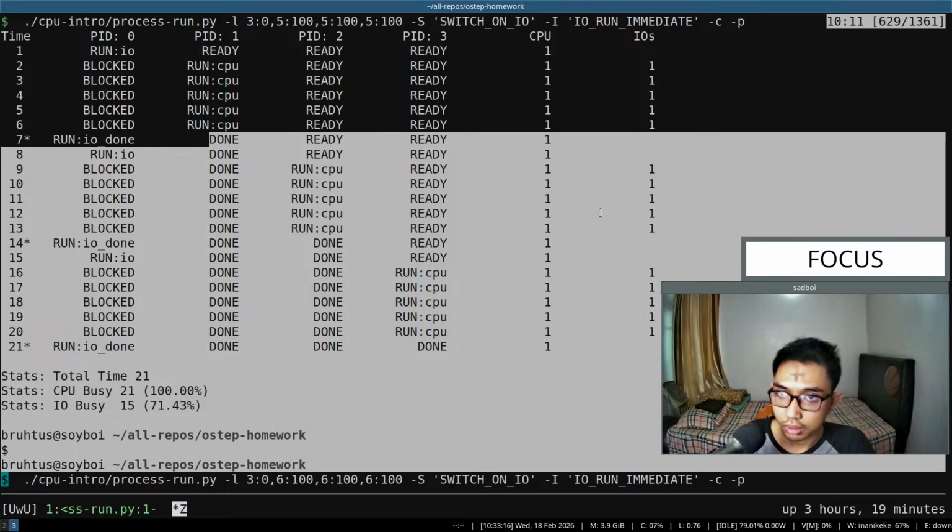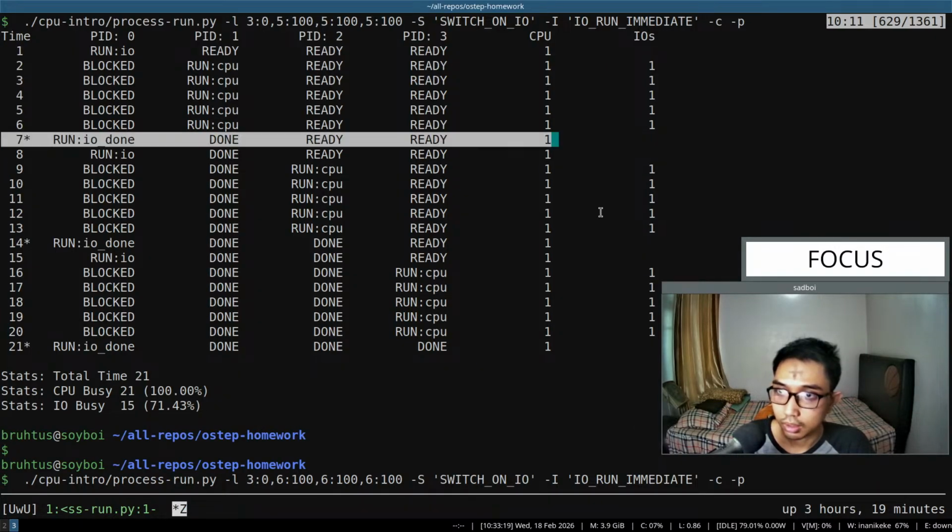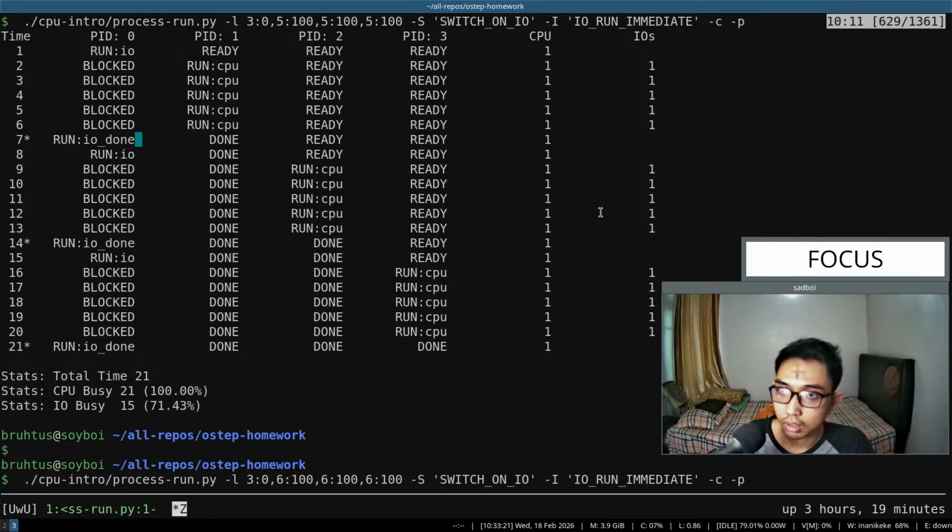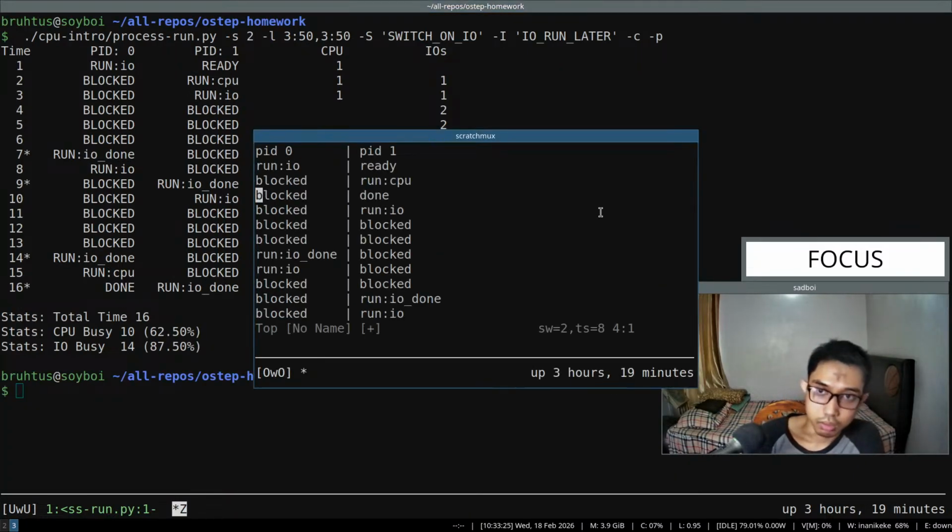Print out done. Sorry. Output done. Okay, so if that is the case, then yeah, I think this is not correct.